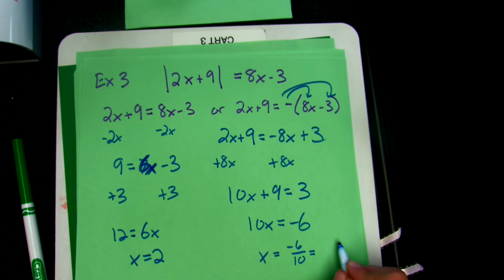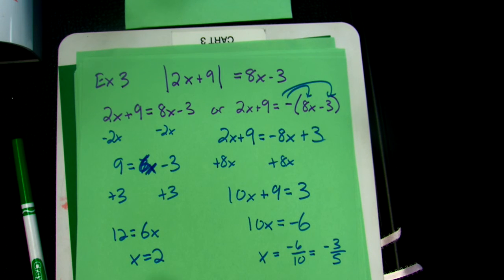And x is equal to negative 3 over 5. Right, so I check them, right?